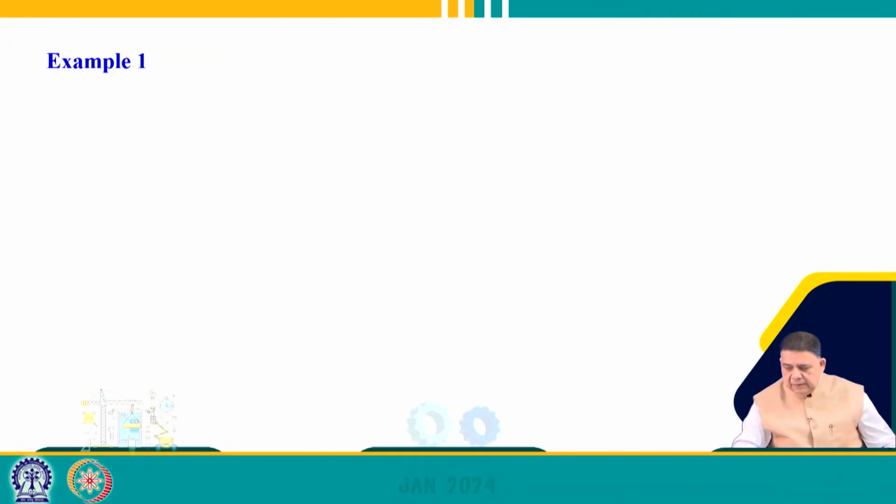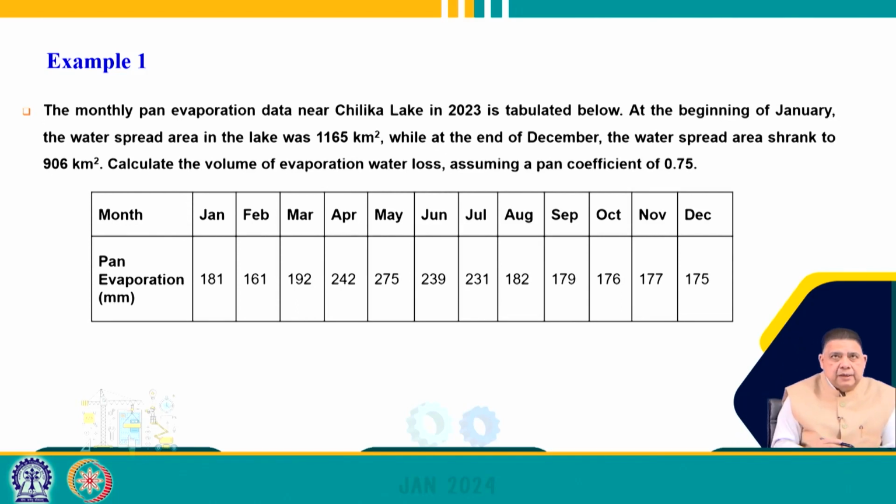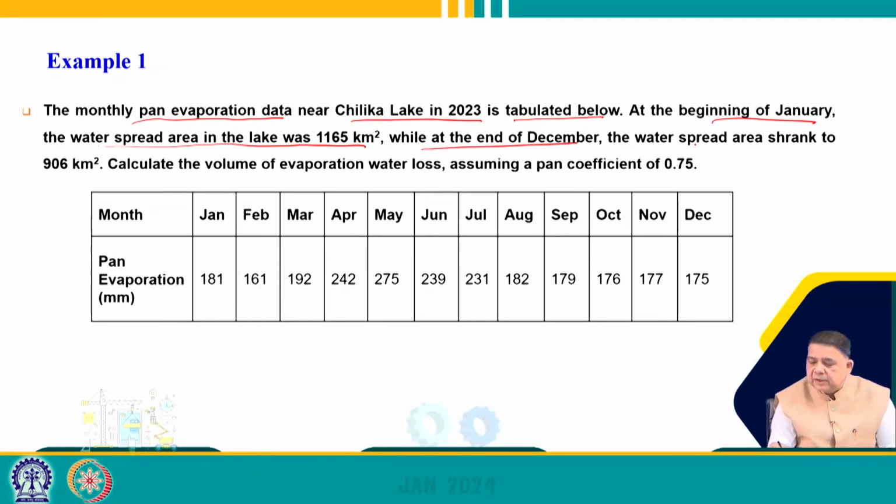Let's take an example. Monthly pan evaporation data near Chilika Lake in 2023 is tabulated below. At the beginning of January, the water spread area in the lake was 1165 square kilometers, while at the end of December, the water spread area shrank to 906 square kilometers.